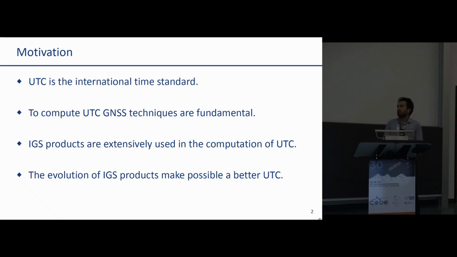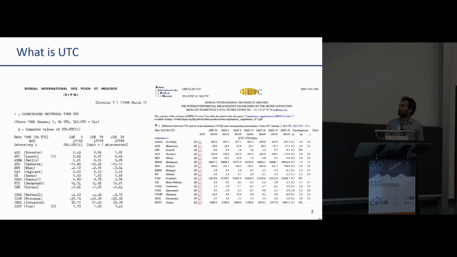We will see how better IGS products mean that we can make a better UTC. First of all, let me thank the IGS community for providing such great products. Without them, UTC would not be possible at the current accuracy.